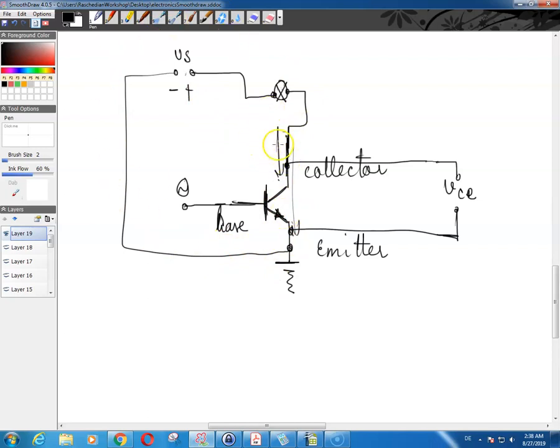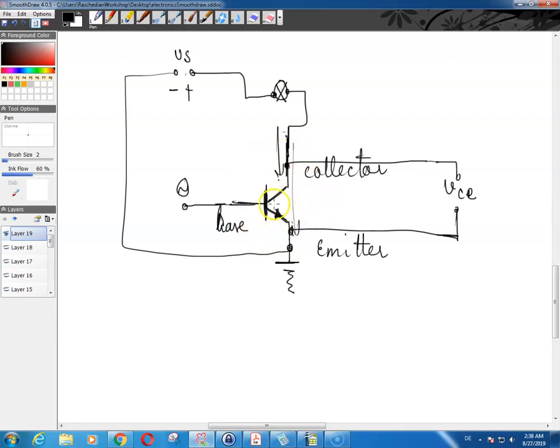So this V of CE is present on your collector emitter junction, and this current is going through the emitter junction. So again, you have the problem of power over here, meaning that this voltage times this current going through the junction is going to specify the required power rating of this transistor.